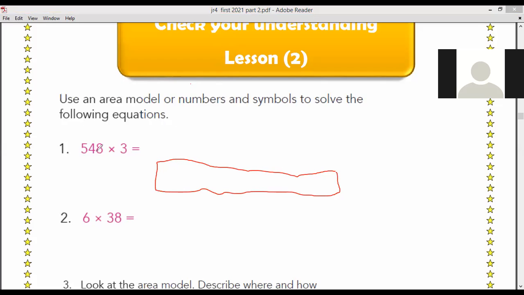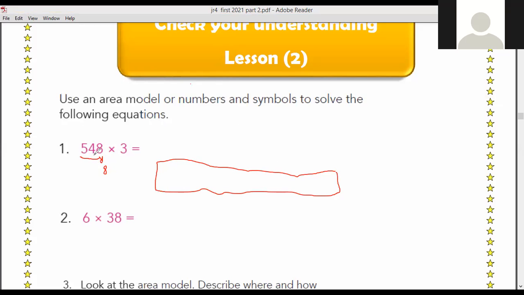Okay, and I'm gonna decompose 548. So 8 in ones equals 8, and 4 in tens equals 40, and 5 in hundreds equals 500. I decompose the large number, and now I have decomposed 548 to how many?